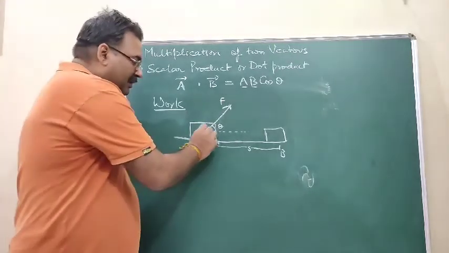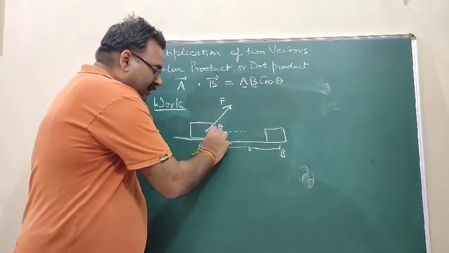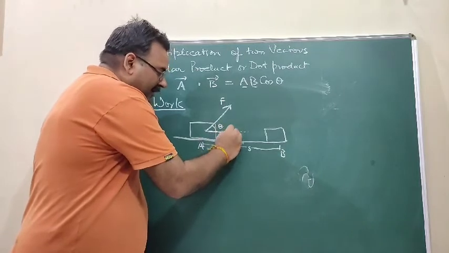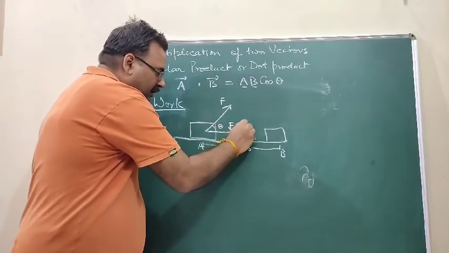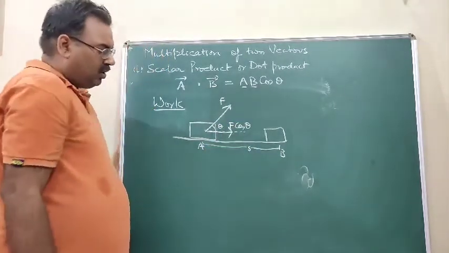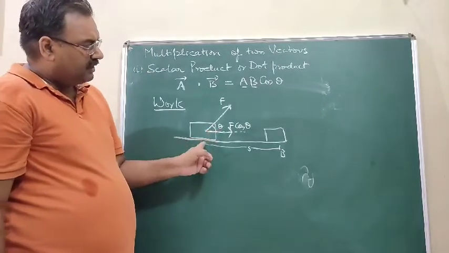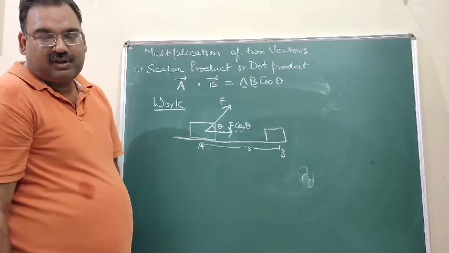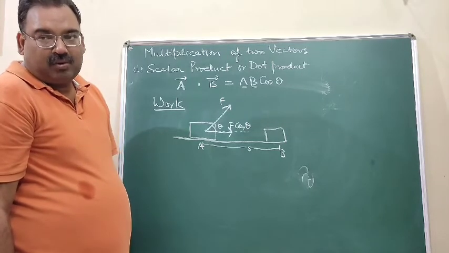One component is here. This is the one component. What is this component? F cos theta. Now F cos theta is only working in the direction of the displacement. So this part of the force is used in displacing the object.